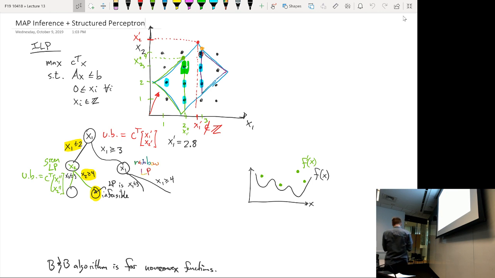Well, the LP on the left node, let's call it the magenta node here, becomes simply a line ranging through here. And then on the right side, we're left with, say, a green highlight, which is going to be this region.